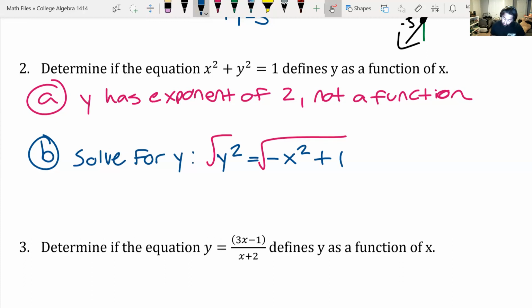We will end up with y equal to plus or minus the square root of negative x squared plus 1.